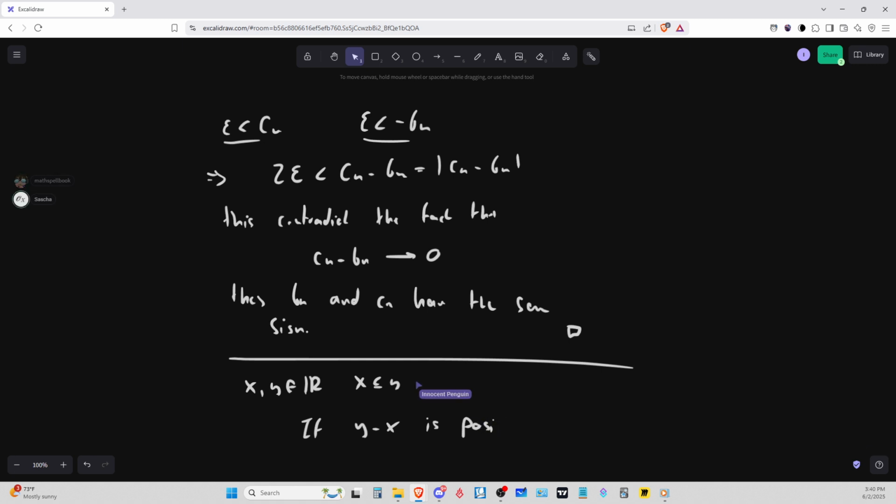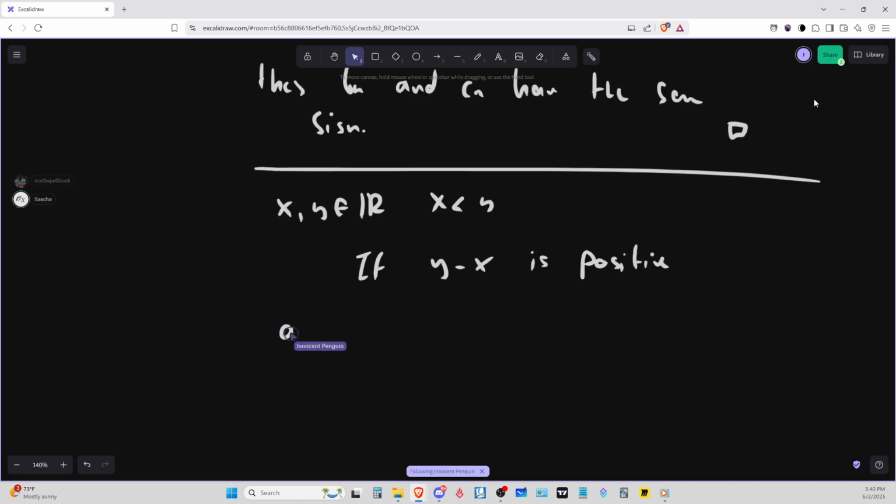I guess I will put strict inequality for now. It's basically the same definition we had before, and we just define what it means to be positive from the previous lemma, what it means to be negative, and we will do the usual stuff.